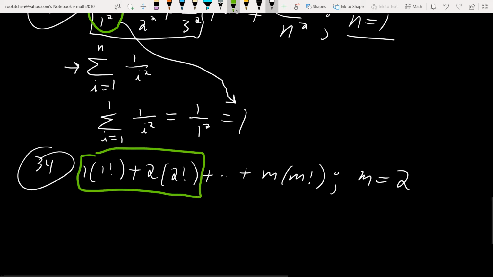But again, if you're not sure, and sometimes these can get really weird, you can write a sum. So i equals 1 to m of i times i factorial.